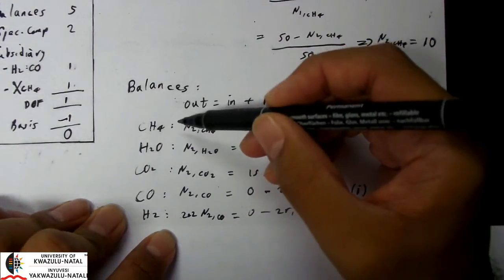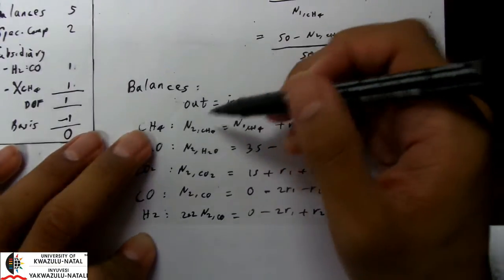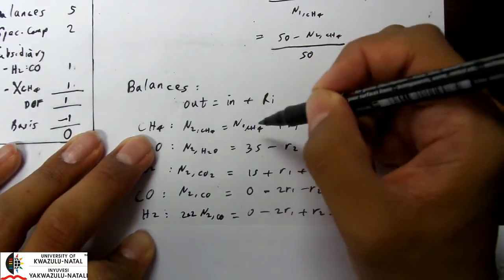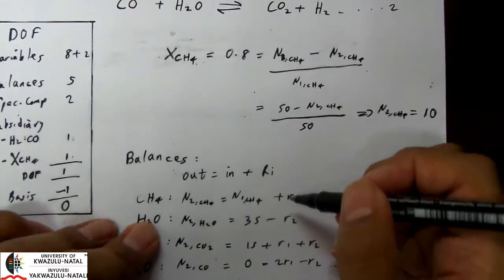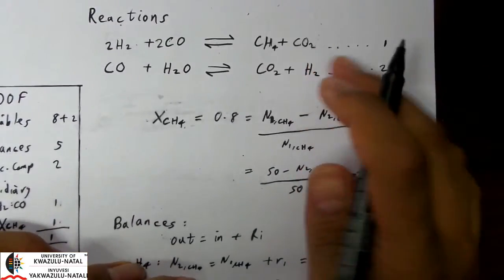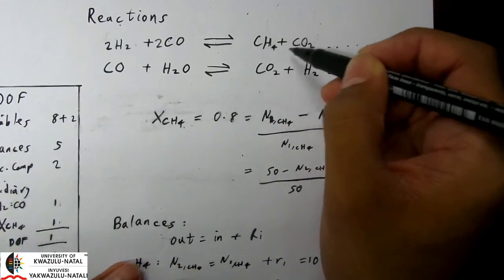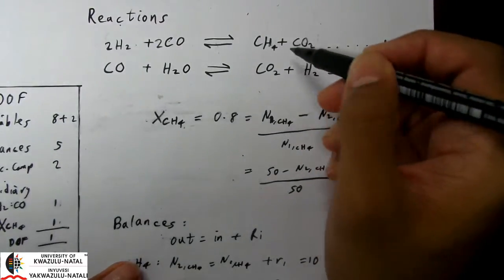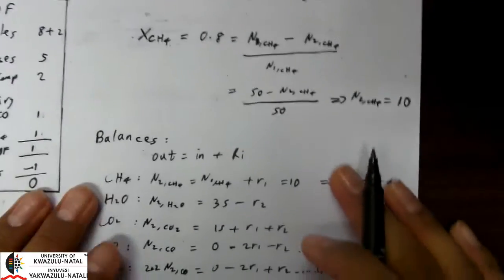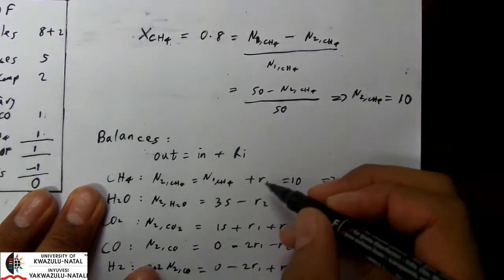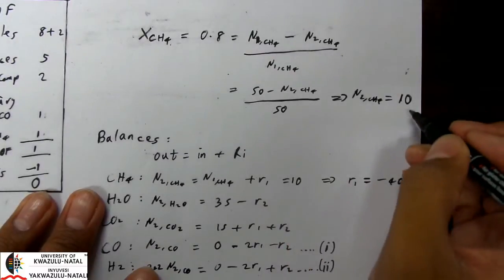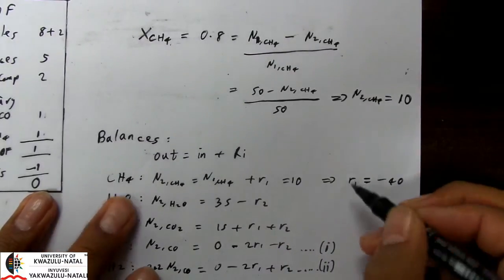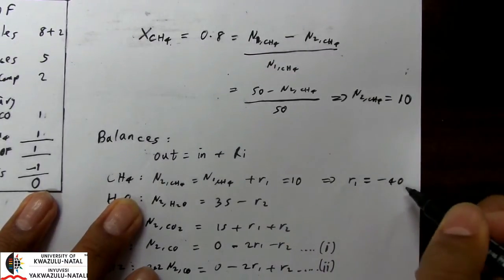So for CH4, our methane, we have N2 of methane equal to our input N1 of methane, and our methane participates in reaction 1, my new reaction 1, and it's a product. So I'm going to add a plus 1 R1 here. That's of course equal to 10, so I can obtain R1 quite easily.